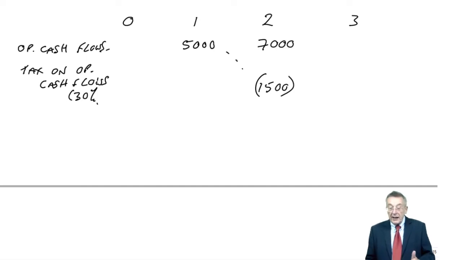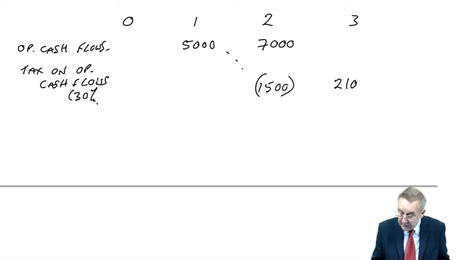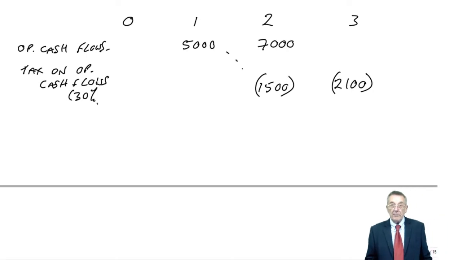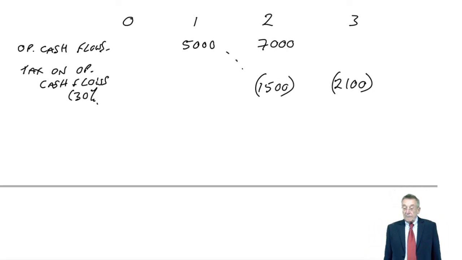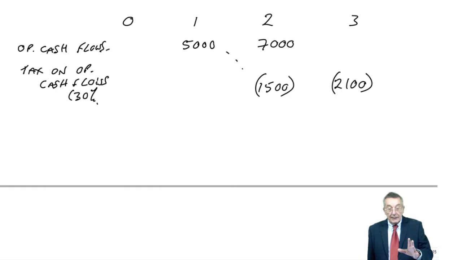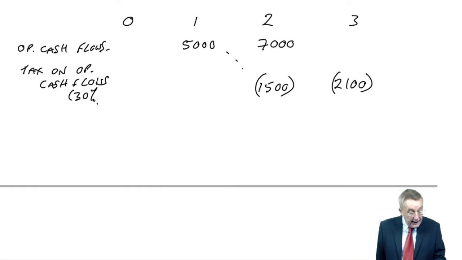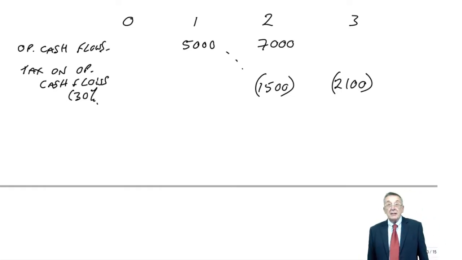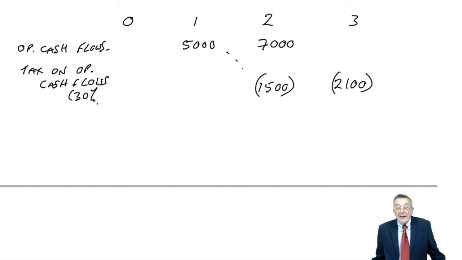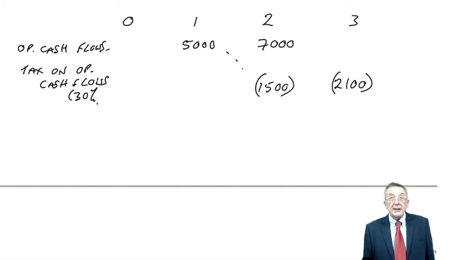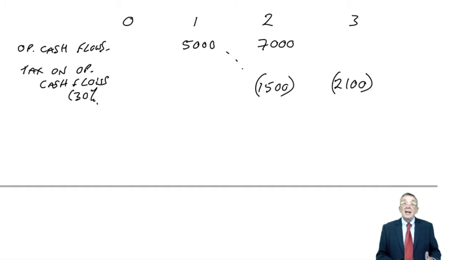It's payable 1 year in arrears, and therefore time 3. So far, I hope easy enough. But just read carefully, as I've said. Obviously, check what the tax rate actually is. 30%. It could be anything. But just as importantly, does it say tax is payable immediately, or does it say it's 1 year later?